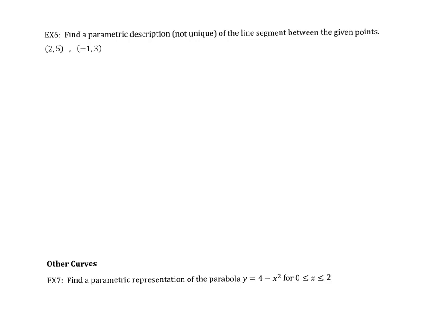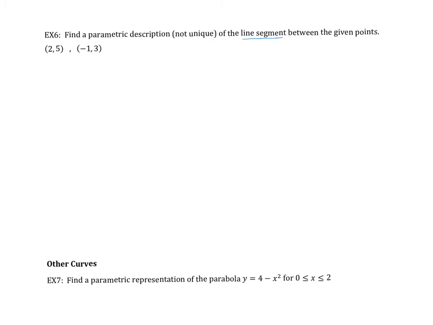In the previous example, we were given a parametric equation, and again, now we're going to come up with a parametric equation. Since it's going to be a line, but this time it says a line segment, so it's not the whole line, which means that our t values are not going to go from negative to positive infinity.